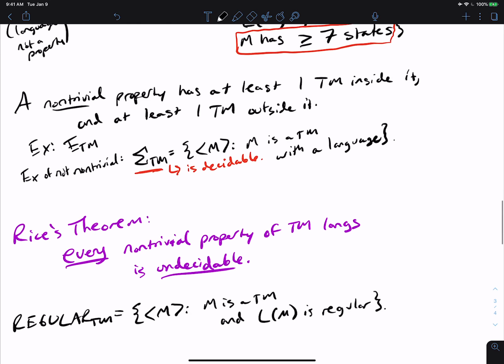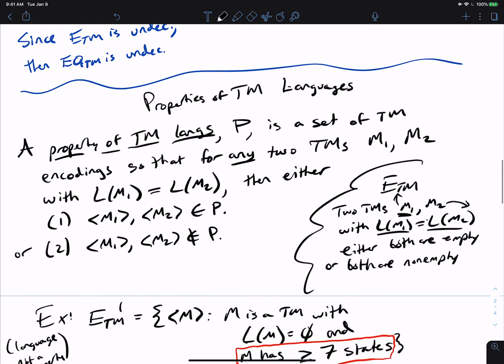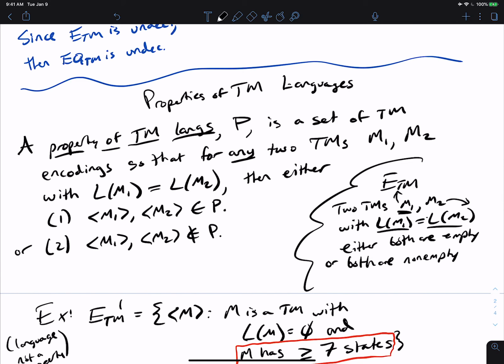Oh, and one thing I should mention. When I say property of Turing machine languages, you have to have the language be of the form a single machine and nothing else after that. So I can't have, say, M W where something happens. Or I can't have 2 machines written side by side, because it's about the language of one machine versus the language of a completely separate machine.